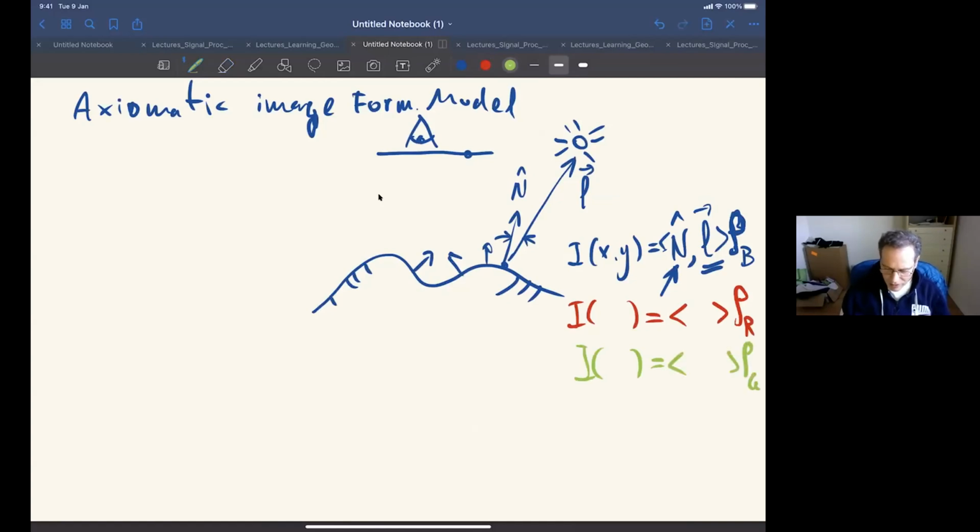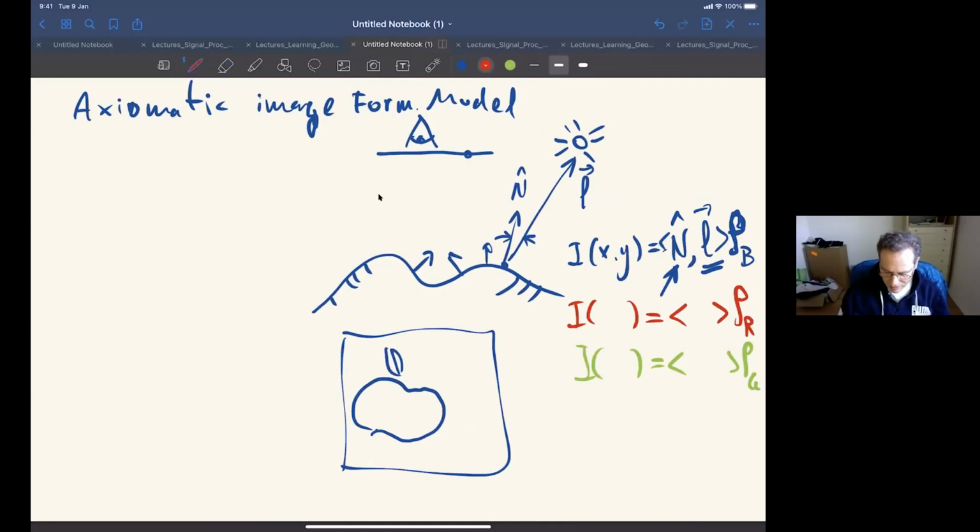Now, let us look at an image, and in this image I have one object, I don't know, an apple, a red apple, and another object, an orange. Then within the orange, this number would always be the same. And within the apple, these numbers would always be the same.